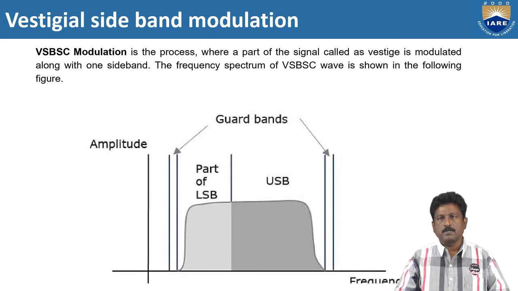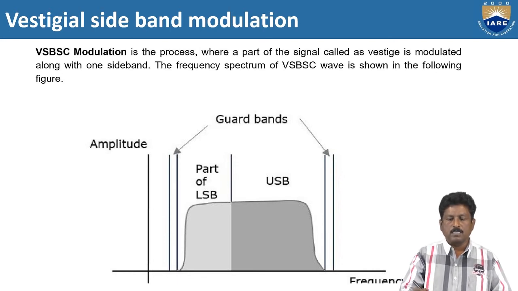You can see the diagram. You can transmit one of the sidebands, that may be a complete sideband. Along with the complete one sideband, it may be the upper sideband or lower sideband, we can also transmit a part of the other sideband. Can you see the diagram?